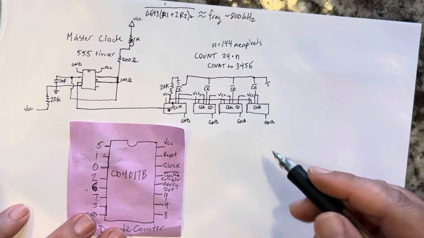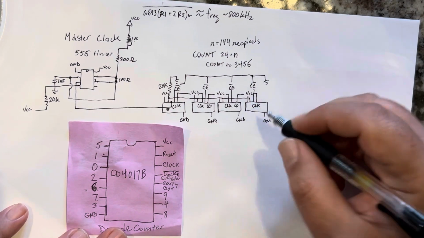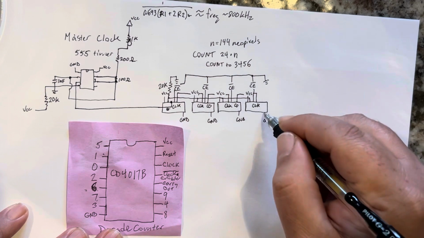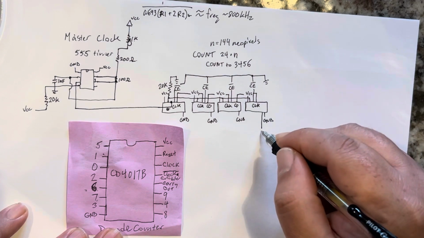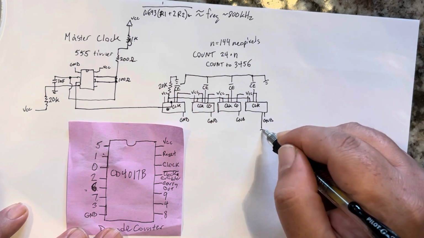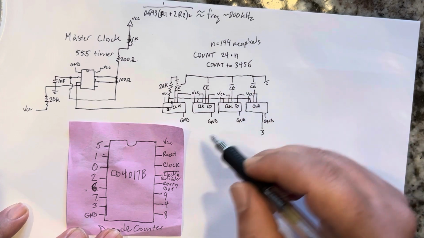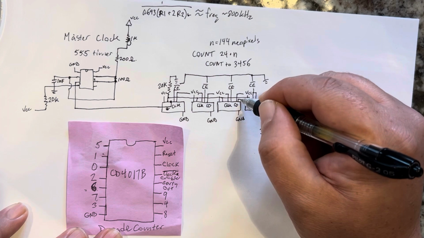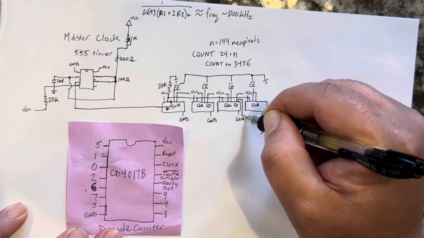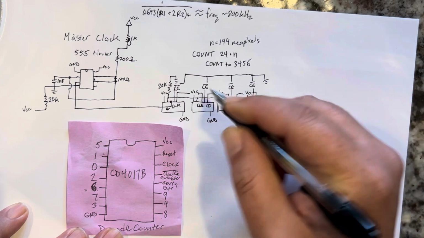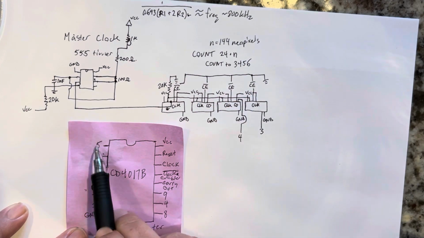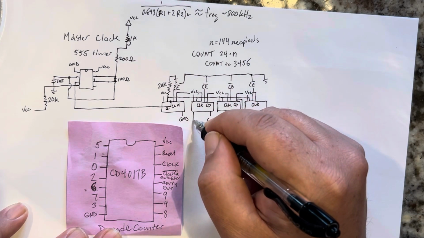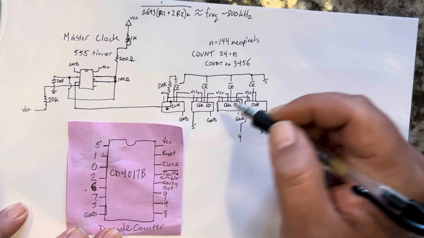And so the pin corresponding to 3,000. And the pin corresponding to 4, which is over here somewhere. And the pin corresponding to 5, which is here.